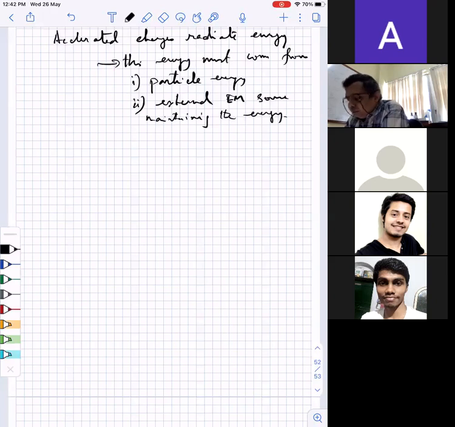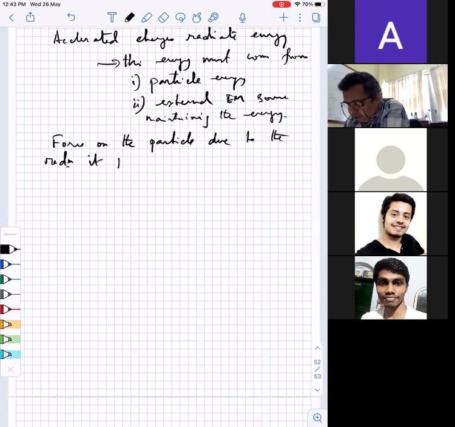So there is a force on the particle due to this incident radiation. There is a force on the particle due to the radiation it produces, because there is energy, and energy is force times work done.